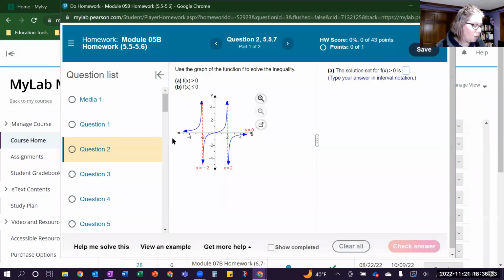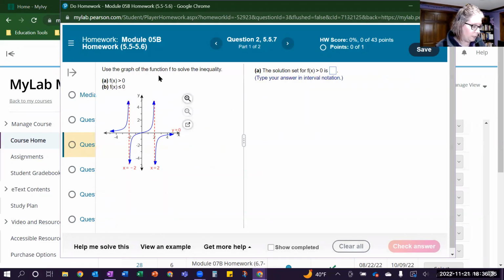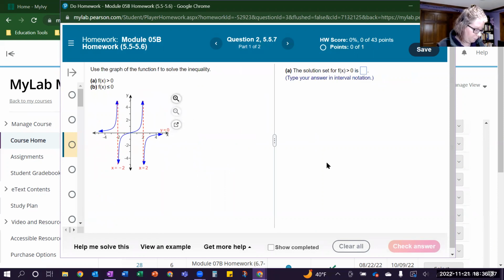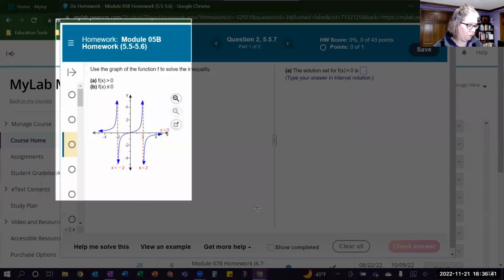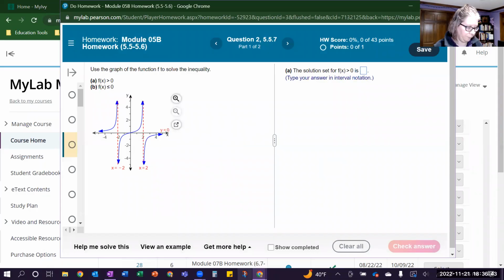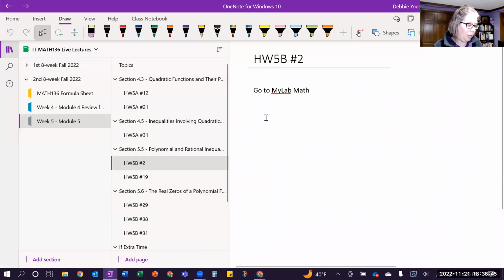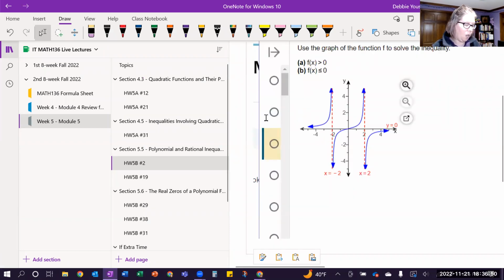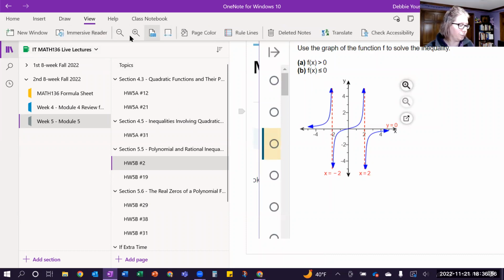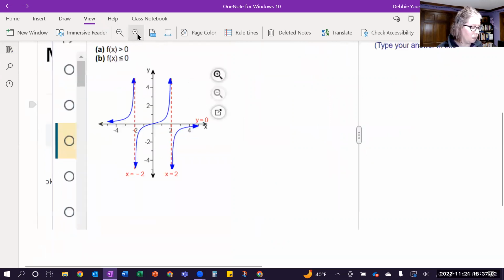Okay. So in this example, I'm going to get that where I can write here. The concept is the same as what you would be doing for a parabola. And so make this a little bit bigger.